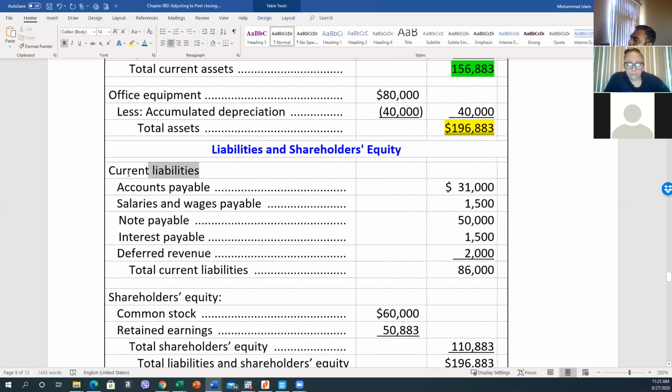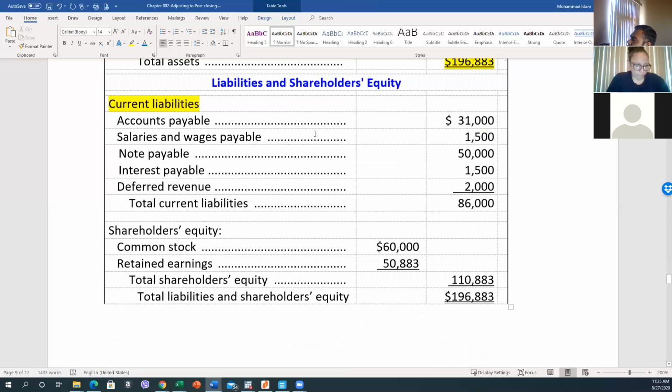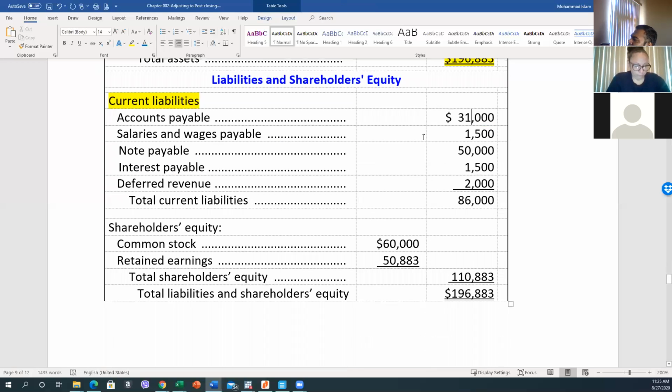Again, current liabilities. We'll discuss current assets and current liabilities, how we define them in our chapter 3. So accounts payable, salaries and wages payable, note payable, interest payable, deferred revenue.